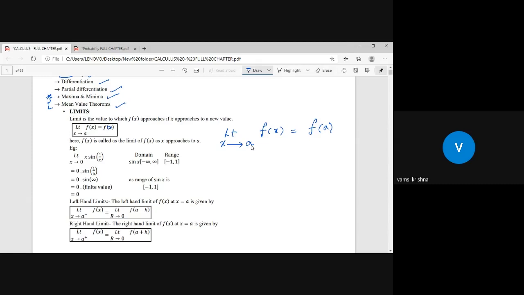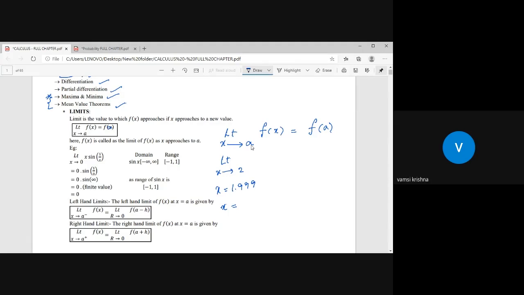Suppose I said limit x tends to 2. What is meant by x tends to 2? Maybe your x is 1.999 something. It is not exactly equal to 2, it is reaching 2. So that is when you are considering the left side. You can also consider the right side.